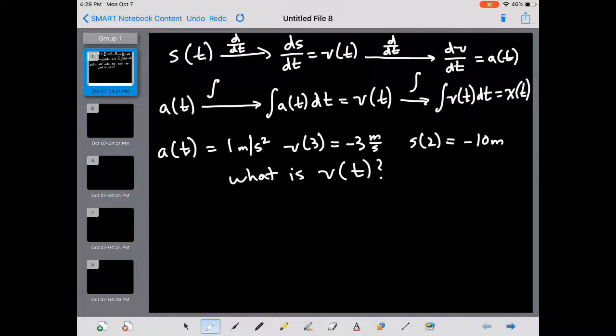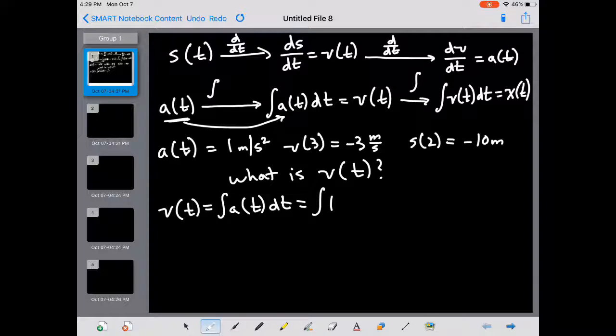So what I need to do is go from a of t to v of t, and I do that by taking the antiderivative. So v of t is equal to the antiderivative of a of t dt, which is the antiderivative of 1 dt.